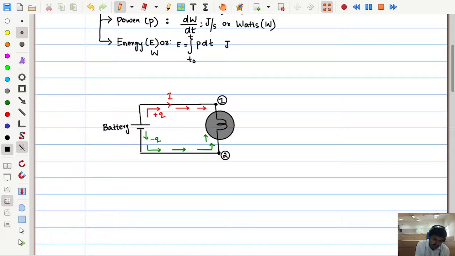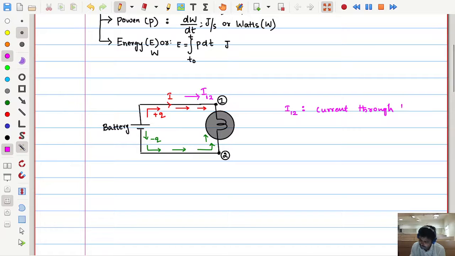Now let us consider something like this. Some current of I amperes is flowing through this bulb from 1 to 2. This is the convention which we usually adopt. So what does I suffix 1 to 2 mean? Let me write, as we are in the introduction stage: reference direction.